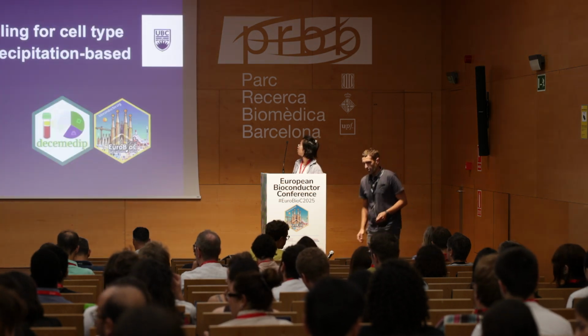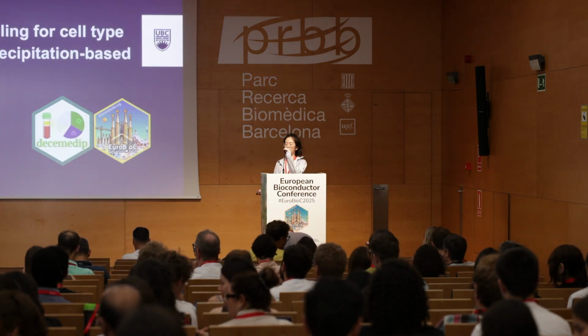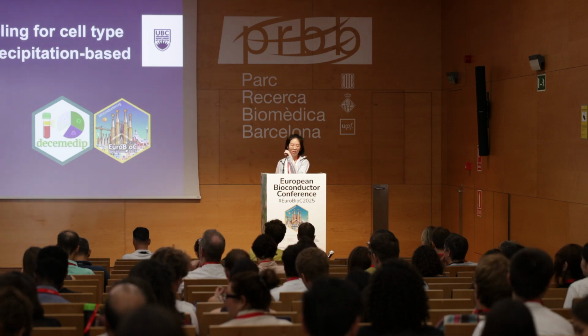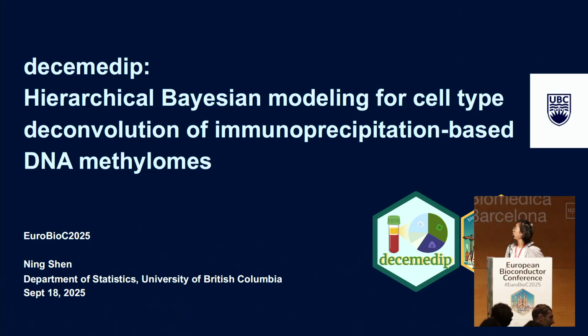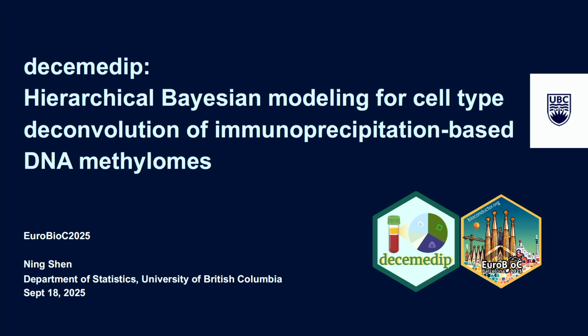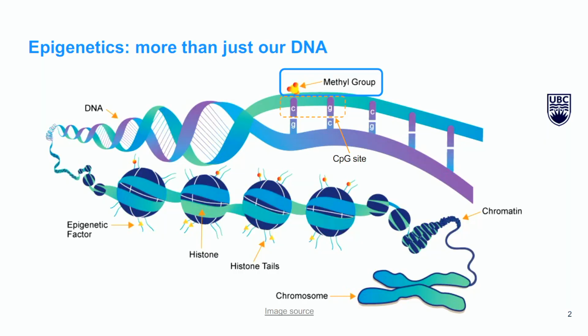Okay. Hi, everyone. I'm here to introduce one of my recent work, which is developing a cell type deconvolution method for methylomes, which is DNA methylation immunoprecipitation-based sequencing method. So just a little bit of a recap.